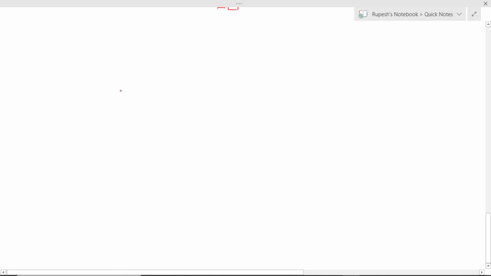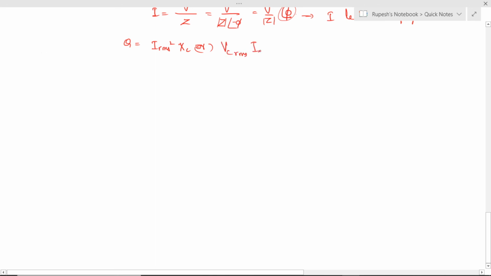Current leads voltage by phi degrees. Now coming to the reactive power. The reactive power here will be I RMS square into XC, or VC RMS into IC RMS into sin phi.